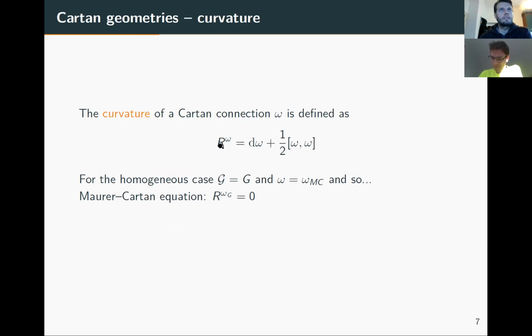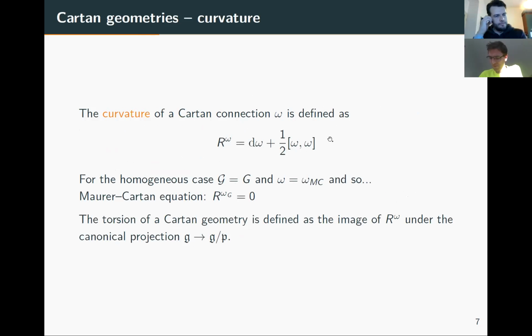So you just define curvature by this, and of course you want to capture quite general geometrical phenomena, and then there is often some torsion involved, and that's the case here as well. So the torsion of a Cartan geometry is defined as the image of this curvature under the canonical projection from G to G mod P.